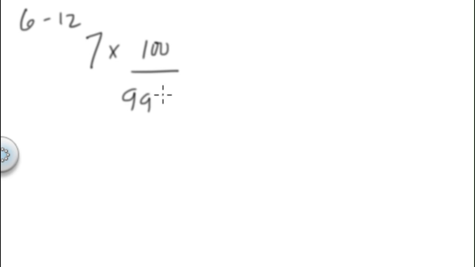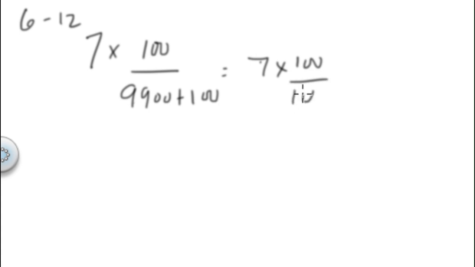So it's 9,900 plus 100, or 10,000. So basically it's 100 over 10,000. We could write it this way: 7 times 100 over 10,000.